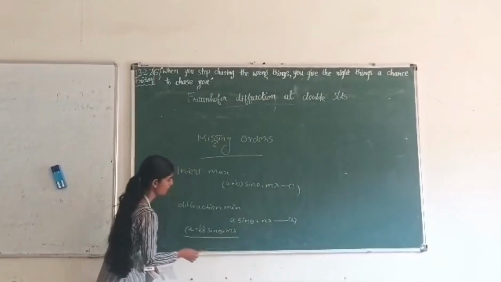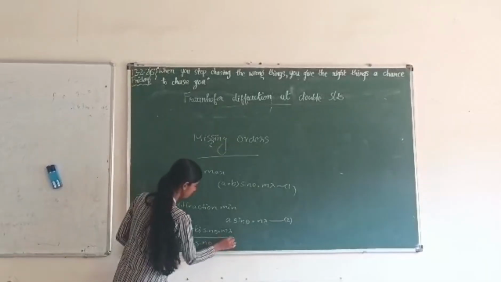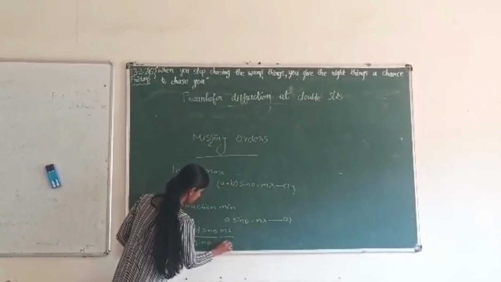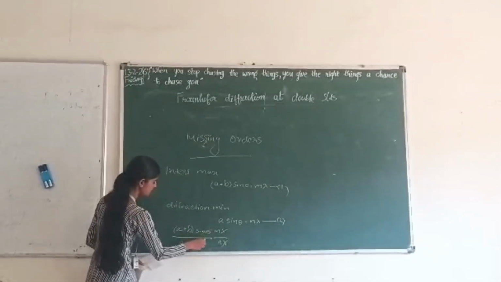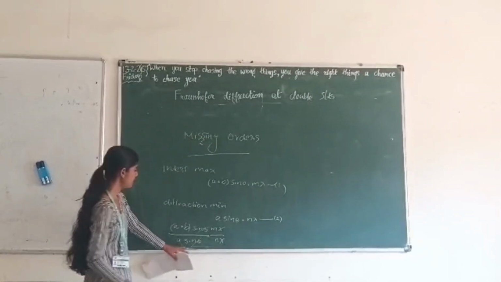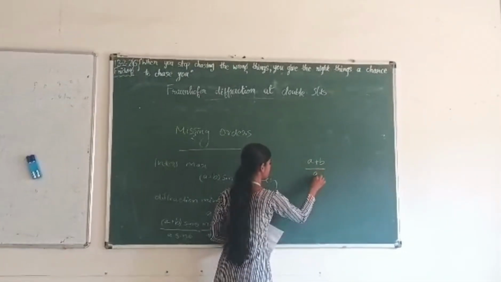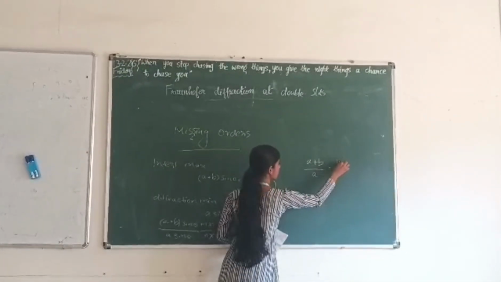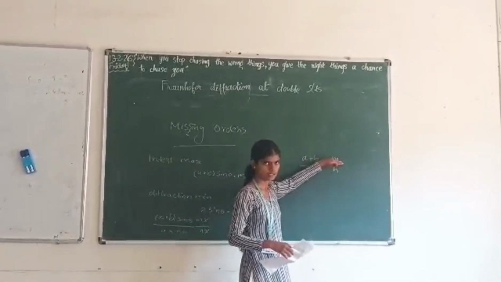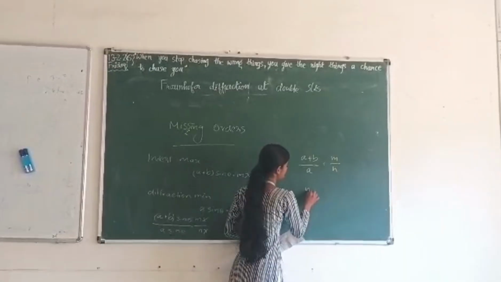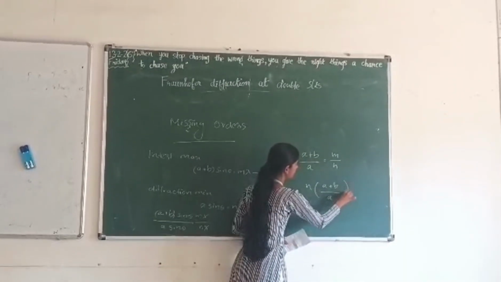Equation 1 divided by equation 2 becomes a plus b sin theta by a sin theta equals n lambda by m lambda. Lambda and lambda cancel, sin theta cancels. So a plus b by a is equal to n by m, where m is the missing orders.